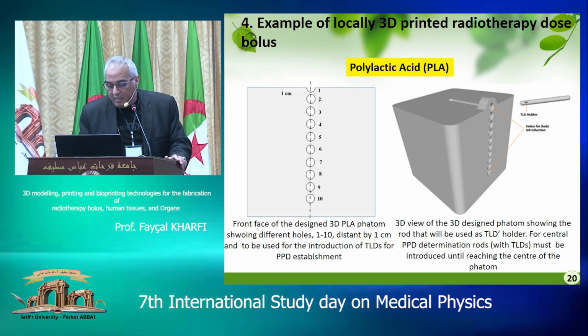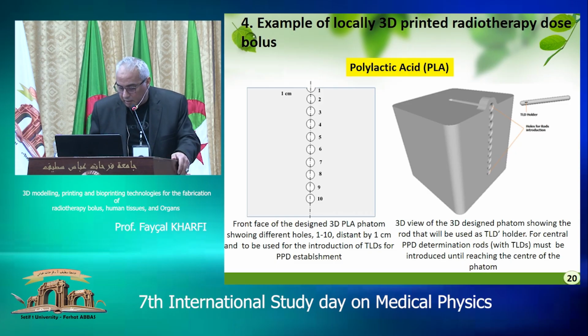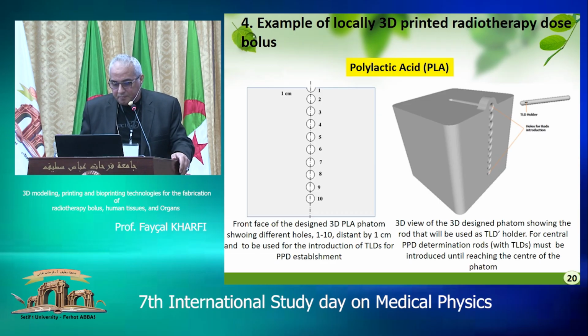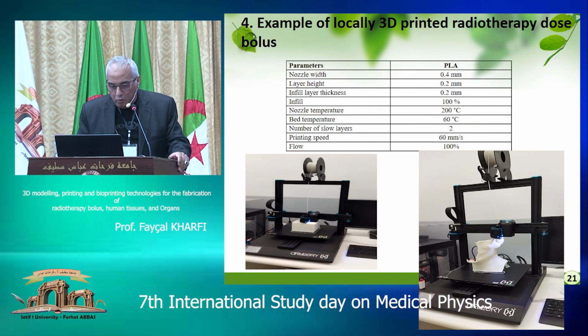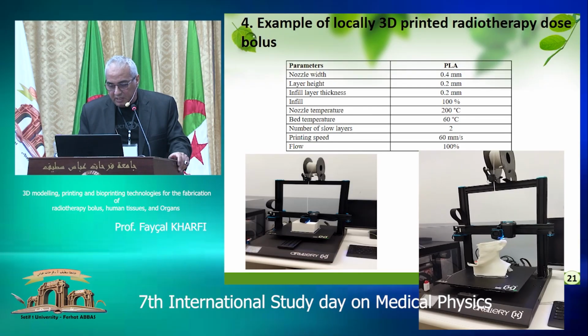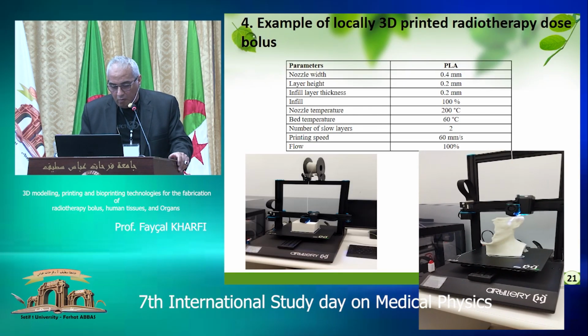We fabricate such a phantom just for this purpose, and in order to introduce the necessary data to the treatment planning system. Here I show you the printing parameters that we selected to fabricate our phantom.